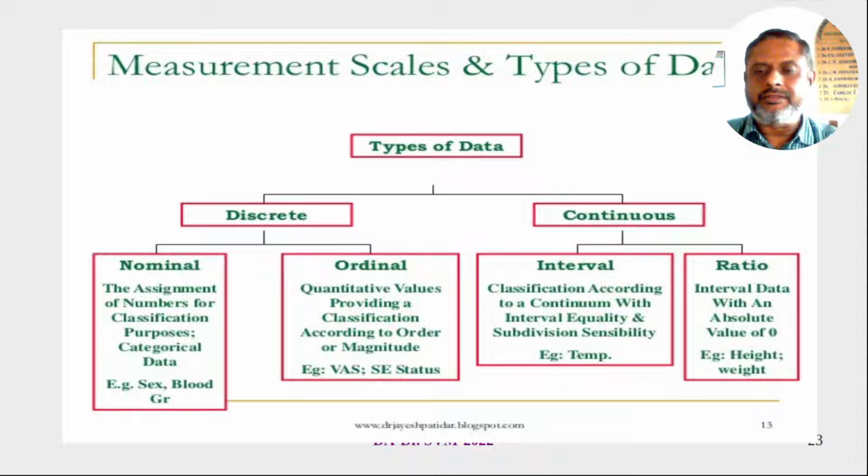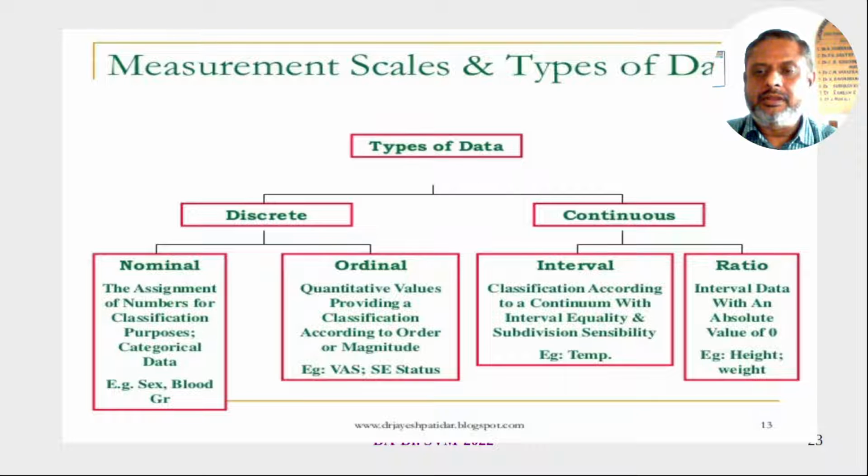That means these additions, subtractions have meaning. If you come back 5 kilometers, then earlier you were 20 kilometers away, now you are 15 kilometers away. On the other side, first you traveled 10 kilometers, then you travel another 10 kilometers, then you can say that the second distance is double the first distance.